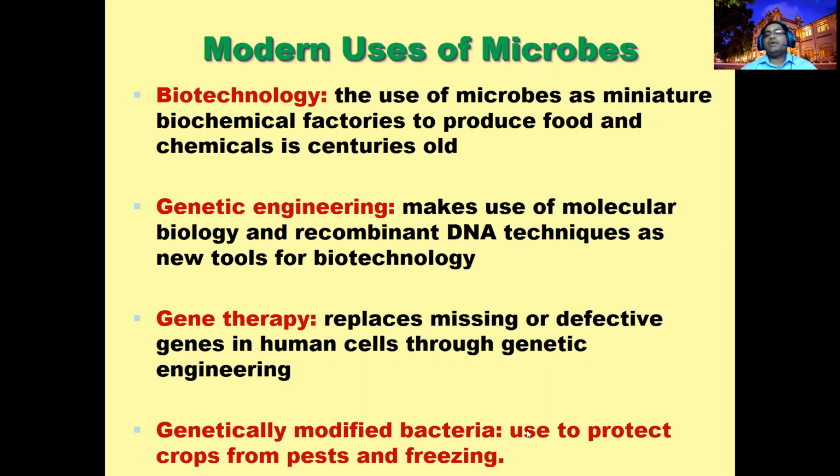Genetically modified bacteria are used to protect crop farms from pests and freezing. You see BT brinjal, BT corn, BT cotton. It means a bacterial gene is inserted into the plants. Nowadays, to increase the vitamin A content, they are modifying rice, golden rice.